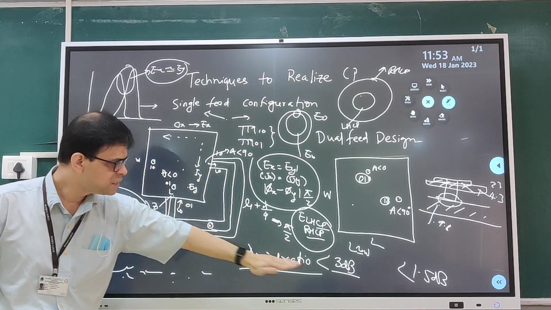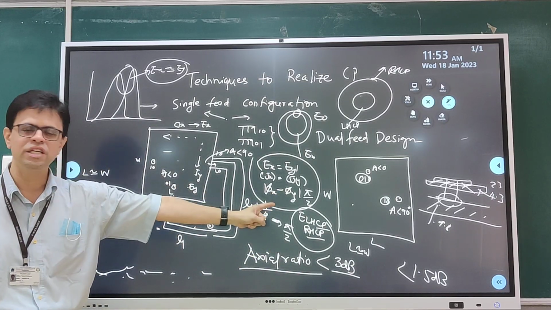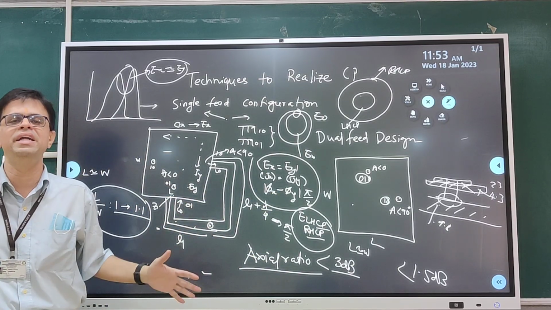Axial ratio is defined with respect to these conditions which are deviated away from the ideal case.